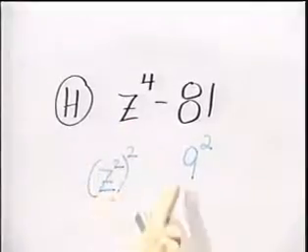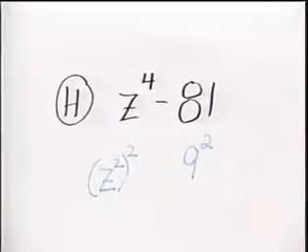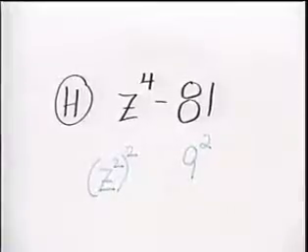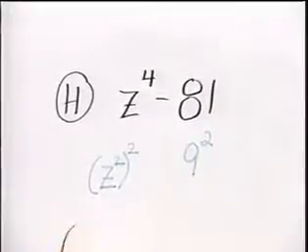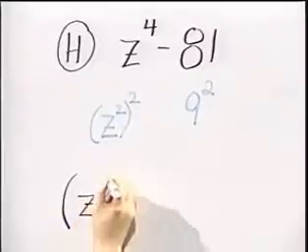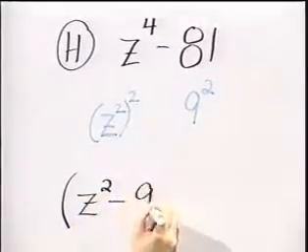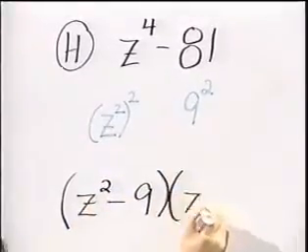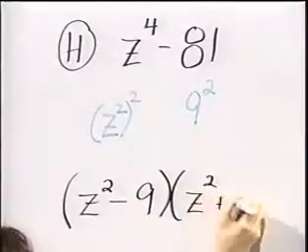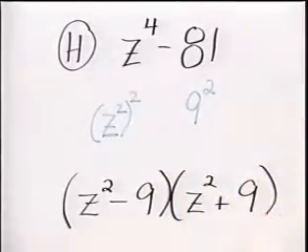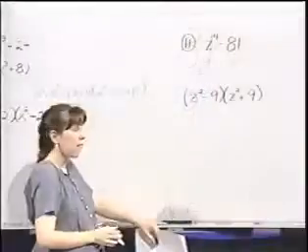So you have a z squared and a 9. So let's factor that using the difference of squares formula. That's z squared minus 9 times z squared plus 9. Z squared minus 9 times z squared plus 9.